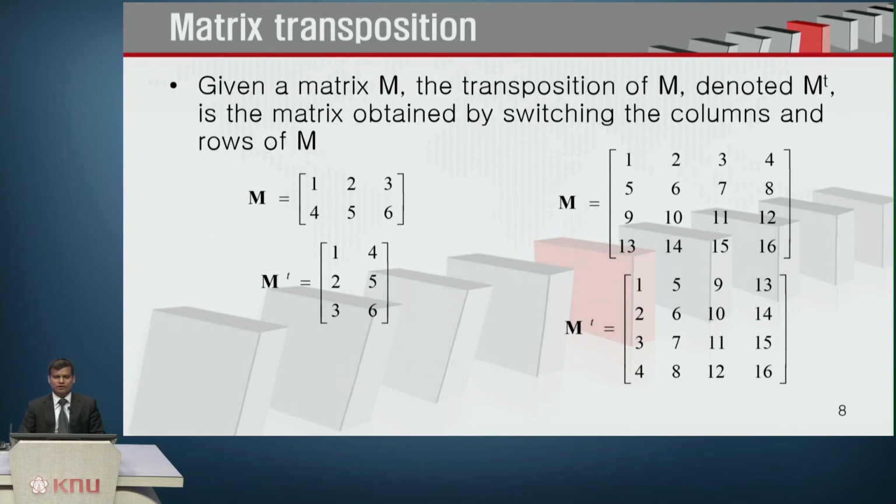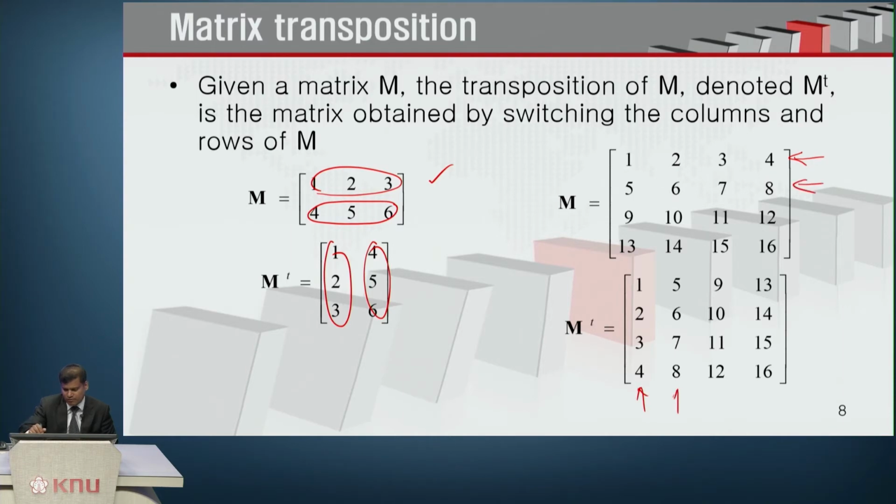Initially, the rows are 1, 2, 3 and 4, 5, 6, and these rows are converted into columns. Likewise, here the first row has become the first column, and the second row has become the second column. That's a way to show the matrix transpose.